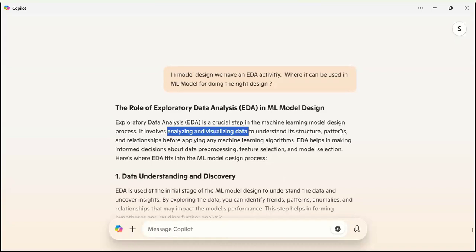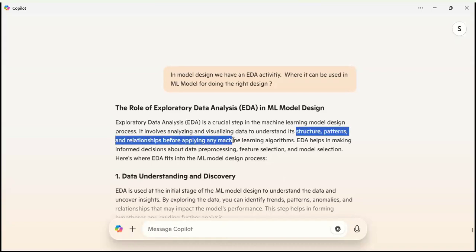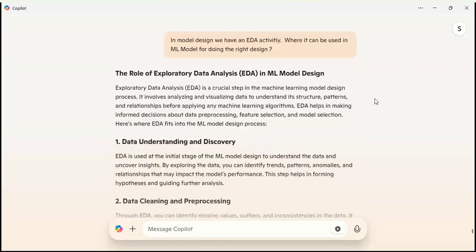To understand its structure, patterns, and relationships before applying ML algorithms, EDA helps in making informed decisions about data processing, feature selection, model selection. So here is where EDA fits into the ML model design process.